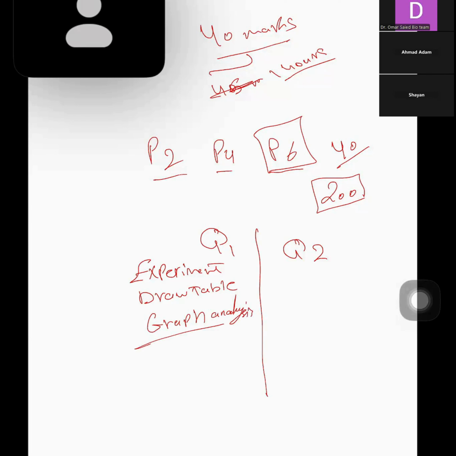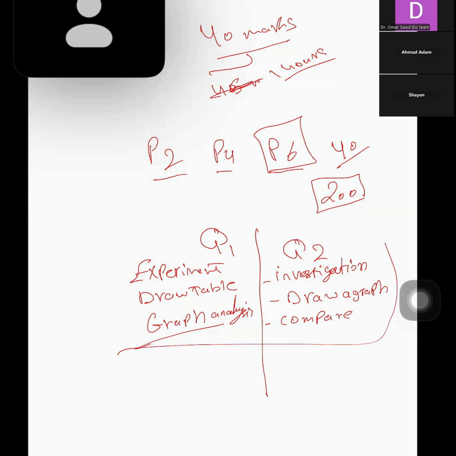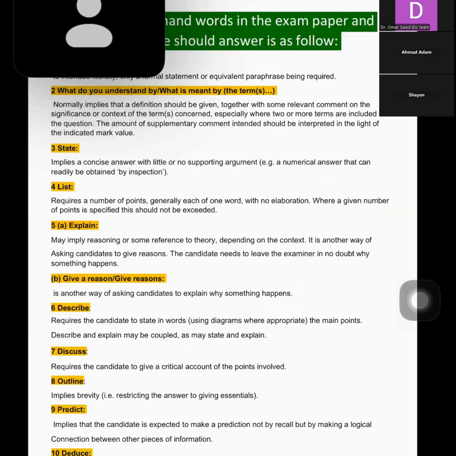Question 2 mainly comes as an investigation question, and we will learn how to do it. It also comes as drawing a graph, and comparison, how to compare between two organisms or between two species. So this is mainly the main idea of paper 6.